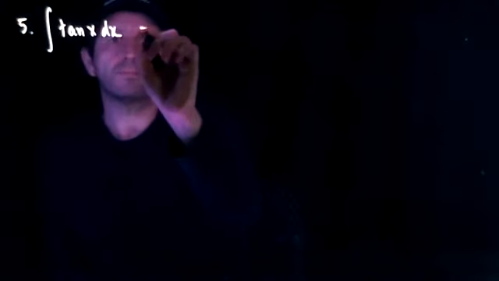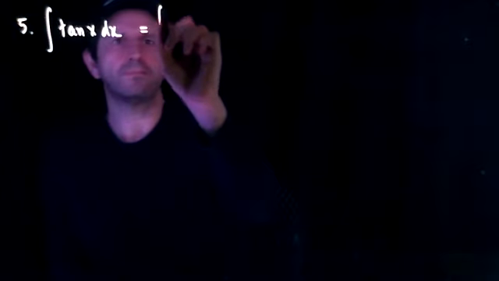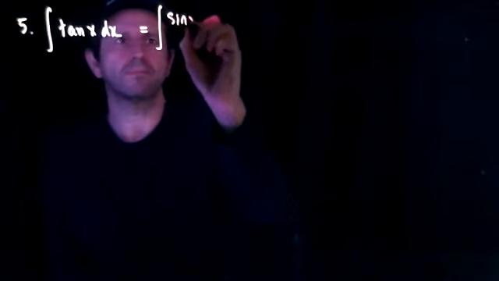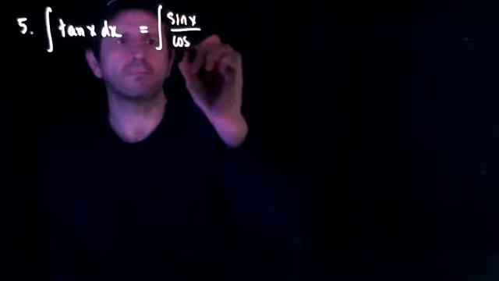Okay, so number 5, the antiderivative of tangent x dx. Tangent is equal to sine over cosine.